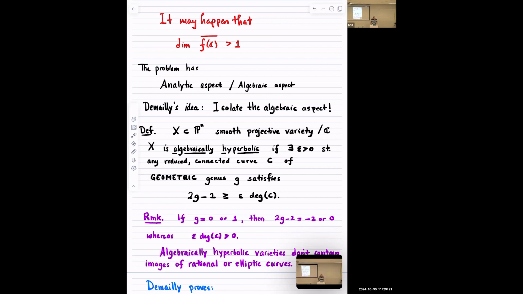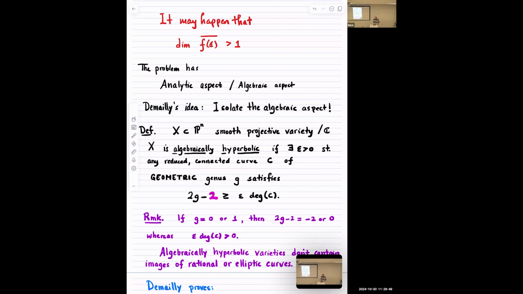All right. So now, what's algebraic hyperbolicity? Suppose that you have a smooth projective variety over the complex numbers. Then we say that X is algebraically hyperbolic if any curve on X has geometric genus g that satisfies 2g minus 2 at least epsilon times the degree of C. I'm not sure that this 2 looks so good, let me make sure that this is the 2.